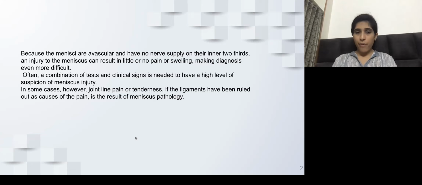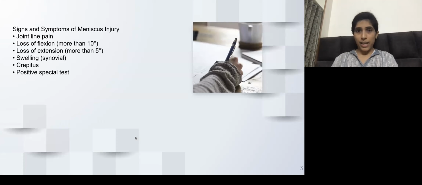In some cases, the joint line pain or tenderness, if the ligaments have been ruled out as the cause of the pain, is the result of meniscal pathology. Sometimes the patient complains of pain and tenderness in the particular area, and if the ligaments have been ruled out with the pain and other special tests, then we can consider that there is an injury related to the menisci.